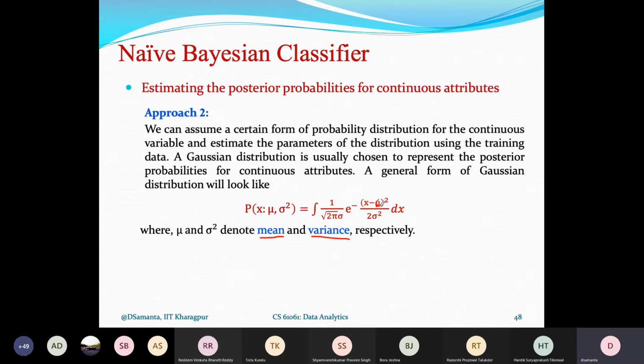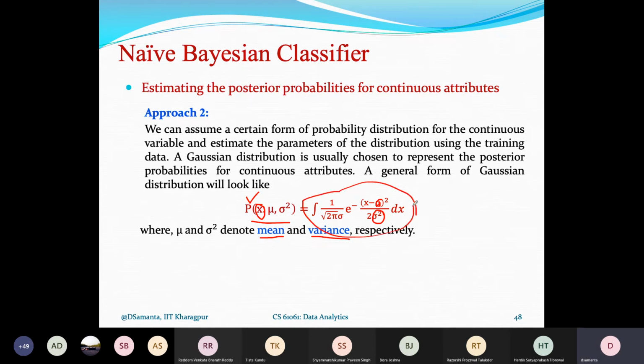Let the mean be mu and the variance be sigma square. Once the mean and variance are known, you will be able to calculate the Gaussian probability for any attribute value x. This gives you the probability value of a random variable for the attribute value x, and it can be calculated readily using this formula.